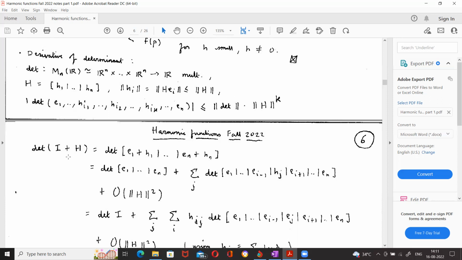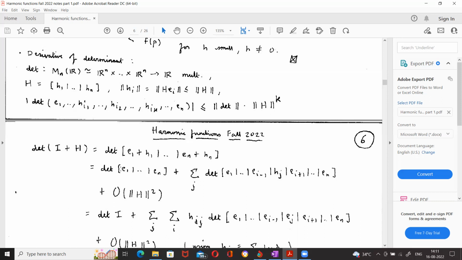So now I want to calculate the derivative of the determinant at the identity. So I need to look at a small perturbation of the identity. Let's look at the determinant of I plus H, where H is a matrix whose norm is small. I write this as determinant of E1 plus H1 up to En plus Hn, right?